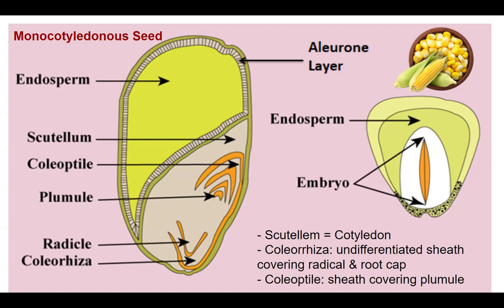Therein I have the scutellum, which is the cotyledon, and then the plumule, which will grow up to shoot. Covering the plumule is the coleoptile, and there is a radicle which will form the roots along with the root cap, and the covering of the root cap is the coleorhiza. Coleoptile is towards the top, coleorhiza towards the bottom.